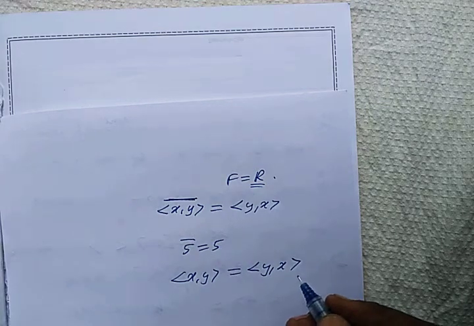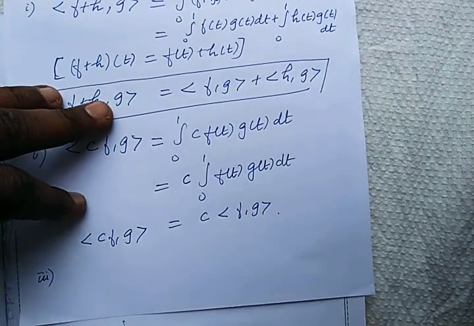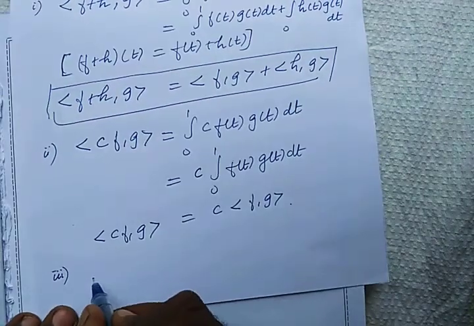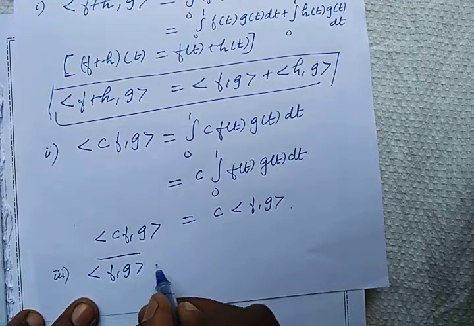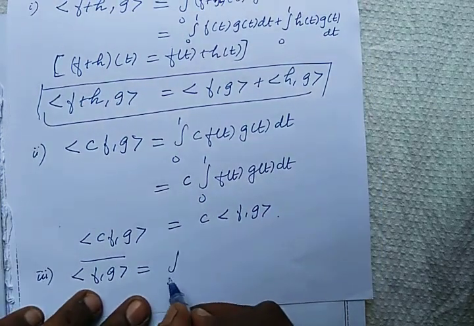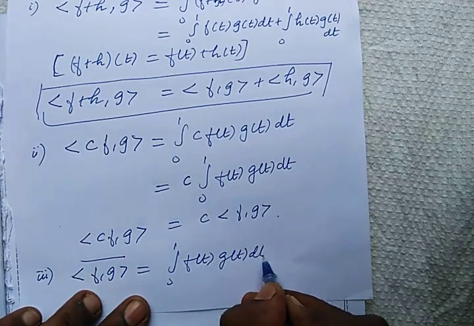So the bar of the inner product of f comma g is the integral from 0 to 1 of f of t g of t dt.